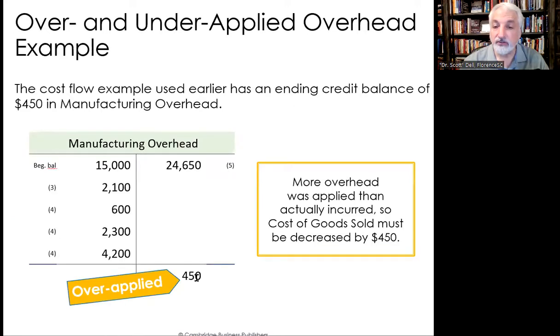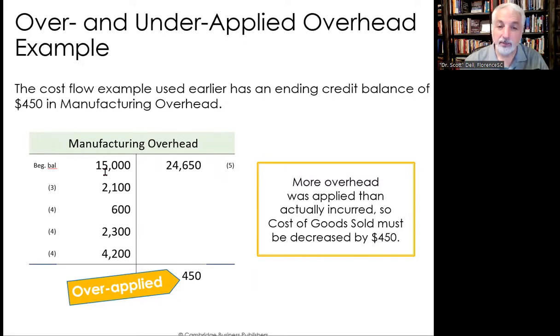So in this case it was a 450 difference. More overhead was applied than actually incurred. So cost of goods sold is going to be reduced by this 450 difference. Okay, so we had 24,200 total here and 24,650. So we have another 450 we've got to worry about.